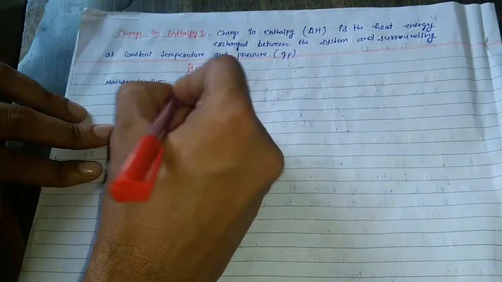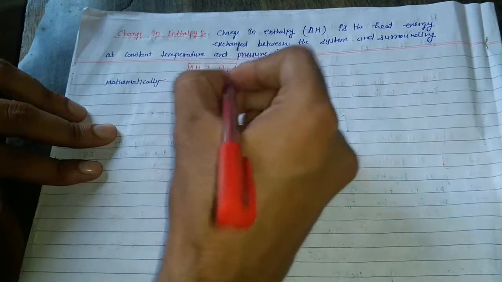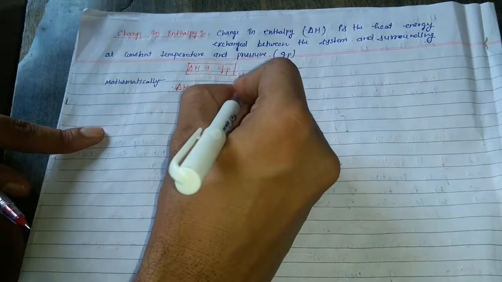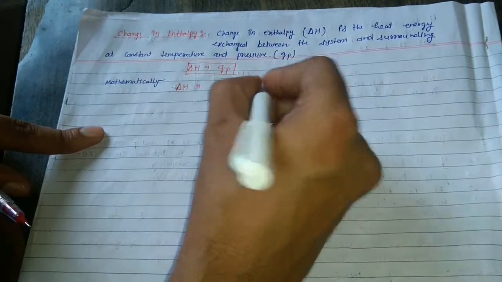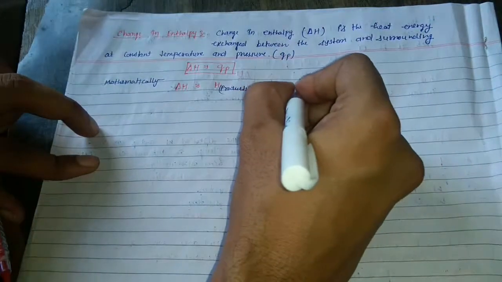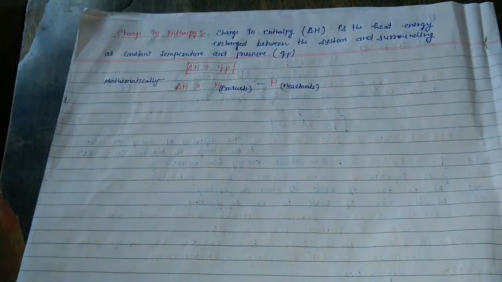So del H is the enthalpy for the products minus the enthalpy for the reactants.